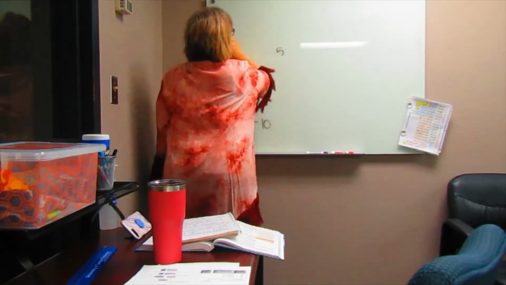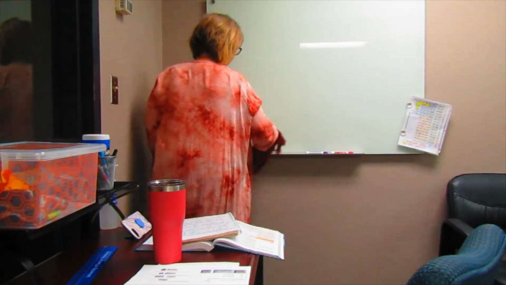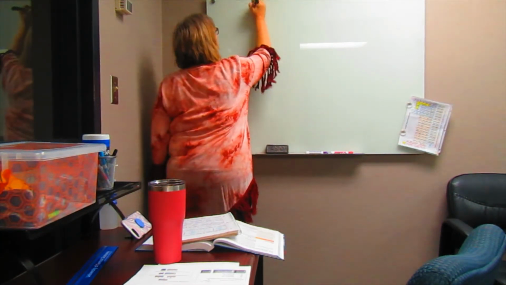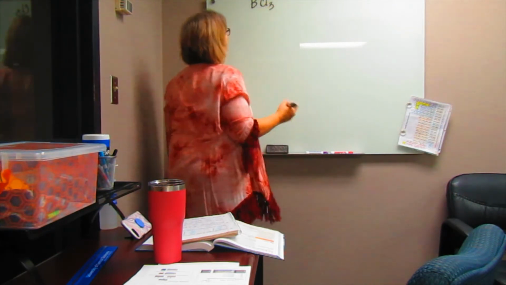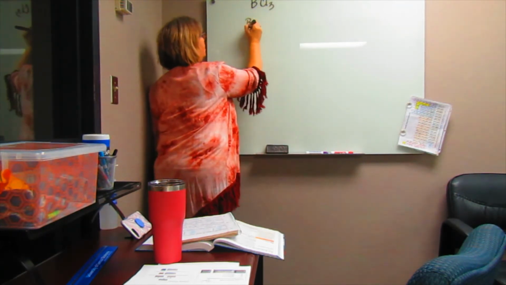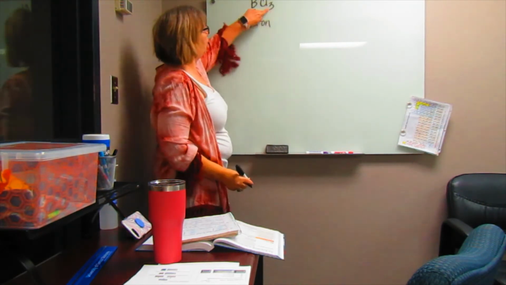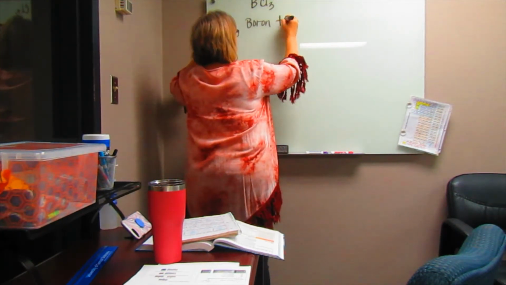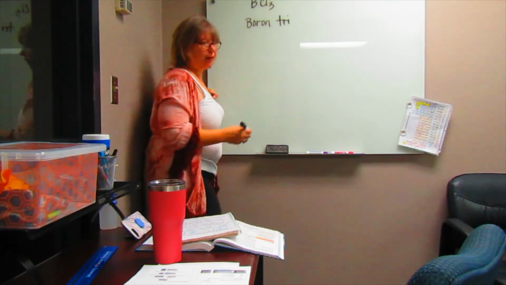So let's take a look at a couple more and then we'll move on. So now we have BCl3, right? So we have boron, and we have 3, and the prefix for 3 is tri, so it's boron trichloride.